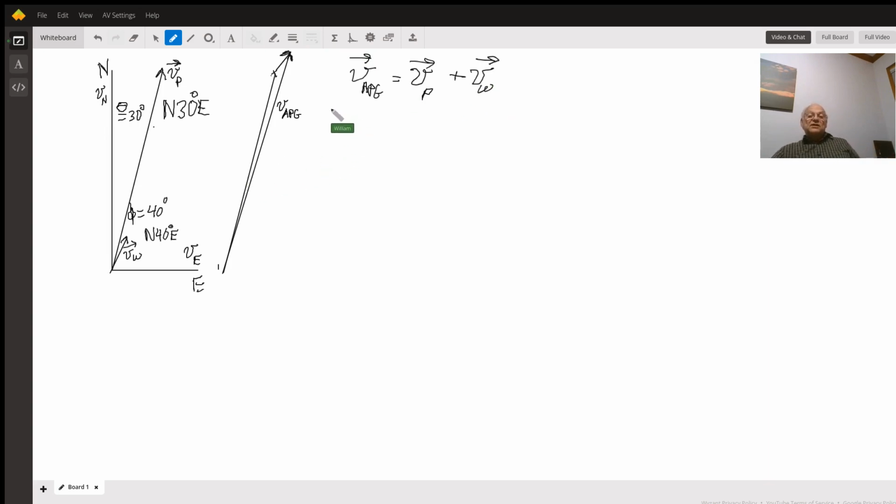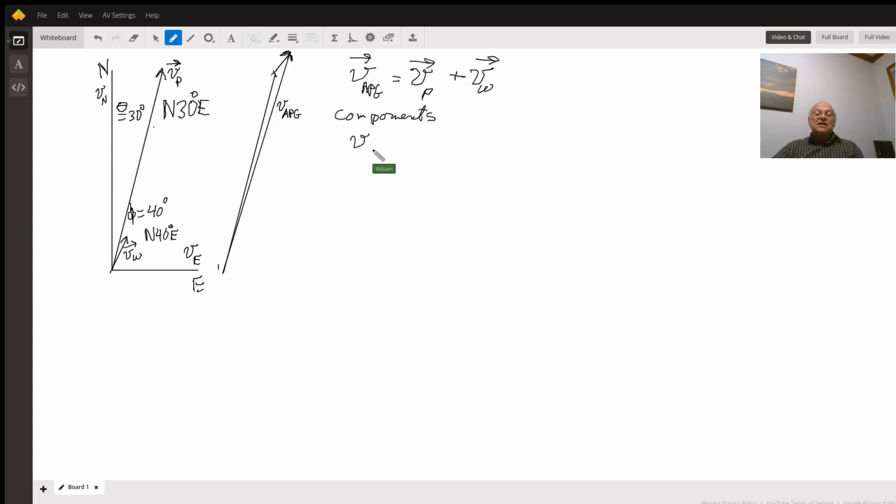Now, the way that you should do this is to divide the two sets of vectors into their components. The components depend on the direction and the speed.